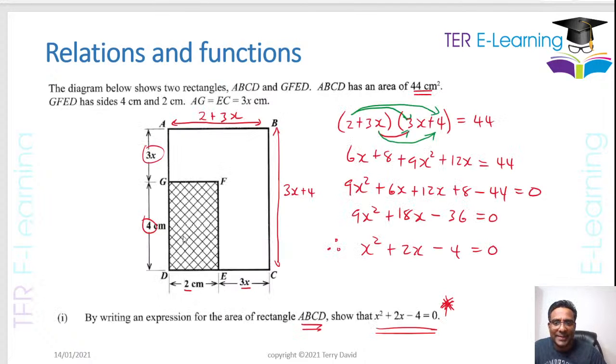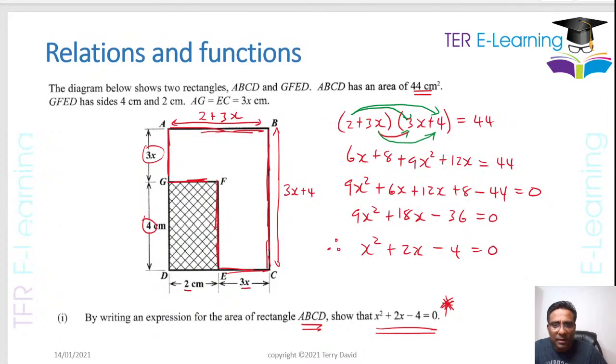Now perimeter is the distance around something. So that is this length here plus this length here plus this length here plus this length here plus this length, because perimeter we're talking about, right? Plus this length here. So we're going to add that up.